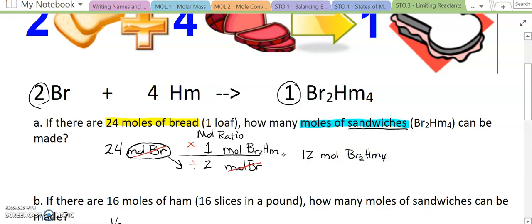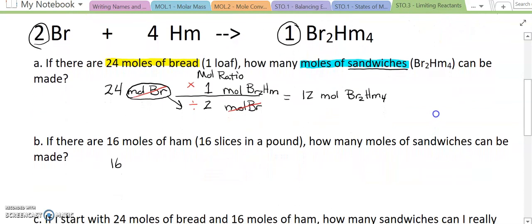Now I realize that most of you probably could do this problem in your head without writing anything down. But remember that most stoichiometry is a lot more complicated than this, and usually we don't start with moles. So I have 12 moles of sandwich. But do I really? Can I really make 12 sandwiches? Well, let's continue on in the problem.